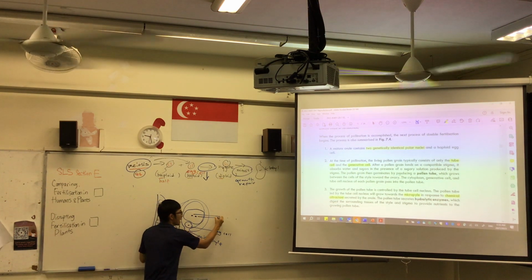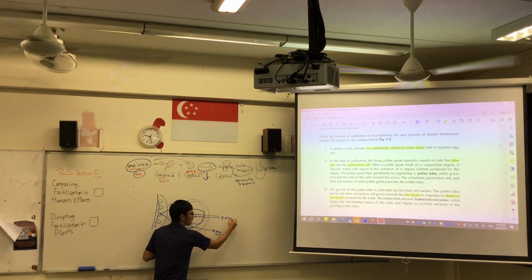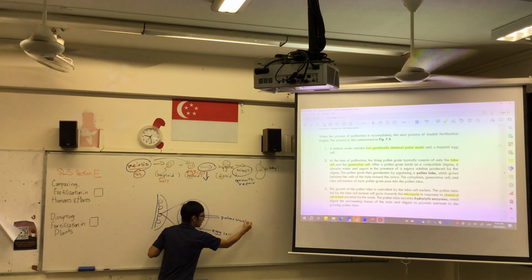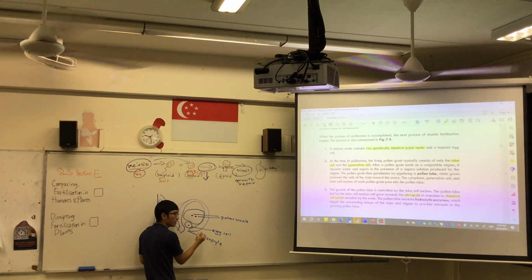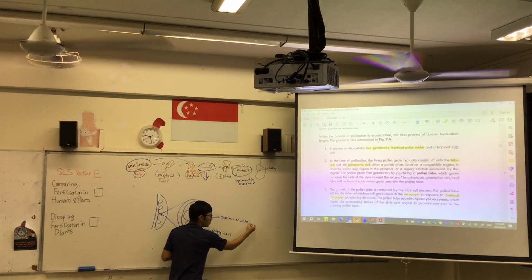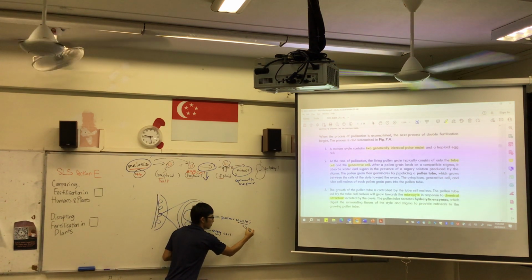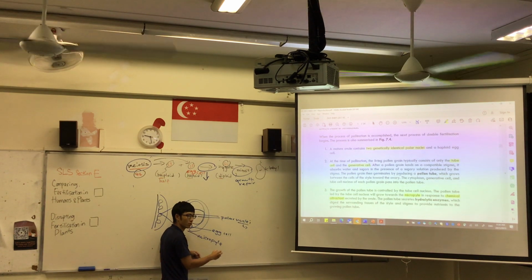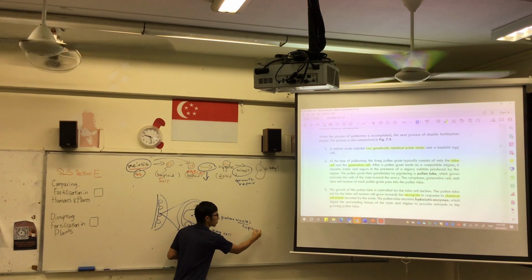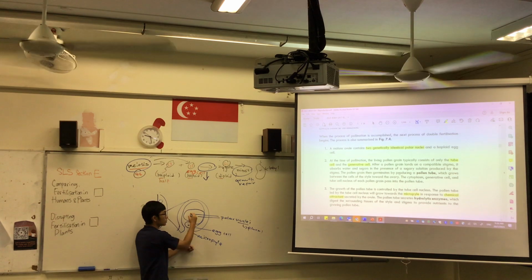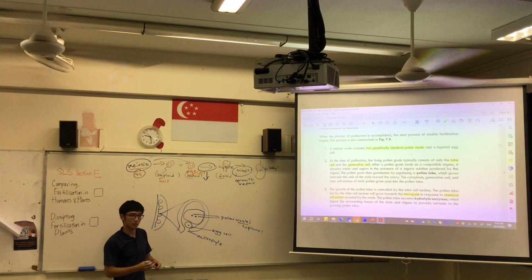Each of the nuclei is called a polar nucleus. So each one is a polar nucleus. Both of them together, polar nuclei. Singular, plural. This is plural. Just one of them is a polar nucleus.